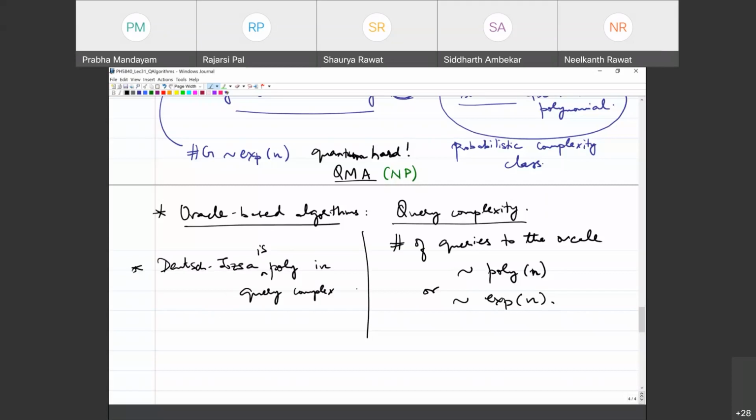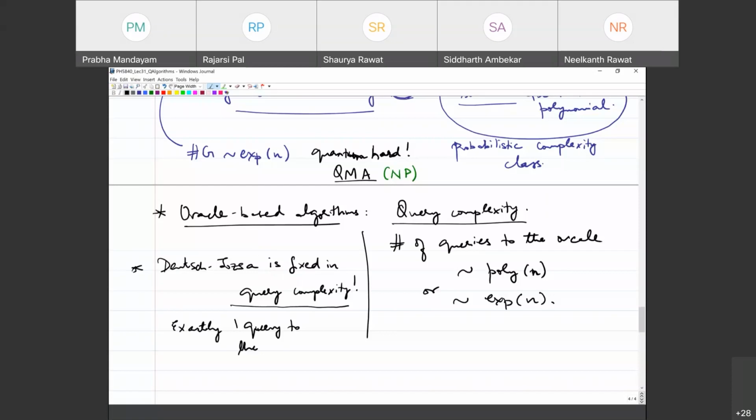And this is something I think I mentioned even at the very beginning when I discussed the Deutsch algorithm, that what you really care about is how many times do I need to query the Oracle. In fact, it's not even poly, it is fixed in query complexity, which means you need exactly one query to the Oracle.